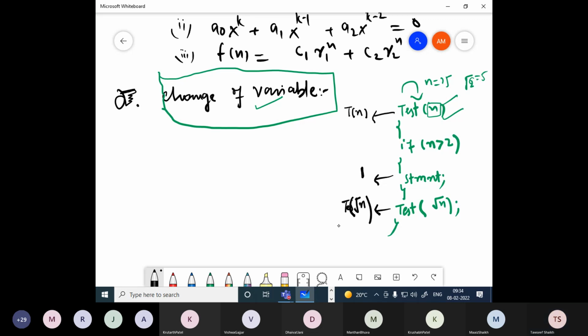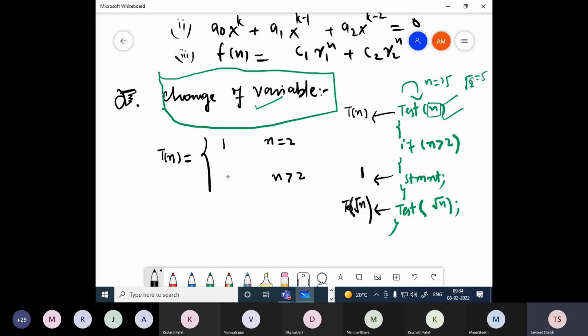Okay. So if I now convert it into a recurrence relation as we were converting initially, the conditions are two. T of n will be either equal to, when n is equal to 2, or when n is greater than 2, the two conditions. And I am saying when n is equal to 2, take any constant value. The condition is checked only once, then it does not do anything.